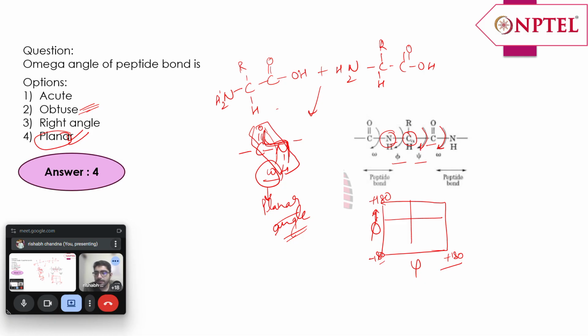The rotation depends upon the side chain of the amino acid. The bulkier the side chain, the more restricted the rotation. That's how we determine whether that particular amino acid will be able to form the particular secondary structure stably or not. This is the whole purpose of the Ramachandran plot.